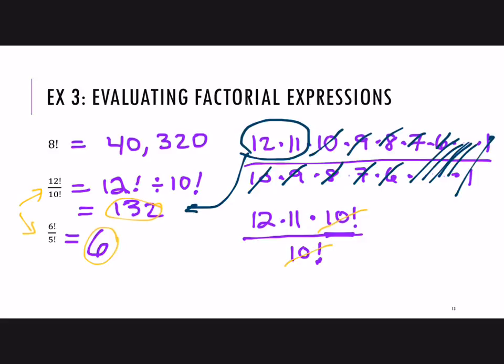And the reason is because this isn't really a 12 and a 10, it's a 12 with all of these other numbers attached to it, and a 10 with all of these other numbers attached to it. Alright, so in short, you can still reduce as you normally did, just individual numbers that match, and you can reduce if the factorials match exactly, but you can't reduce numbers inside of that factorial symbol.